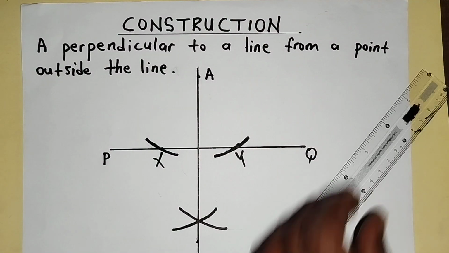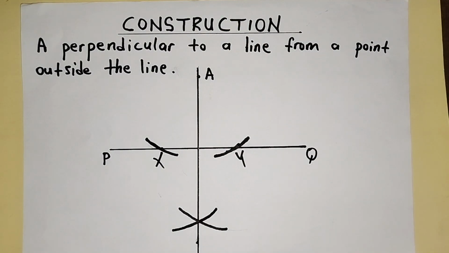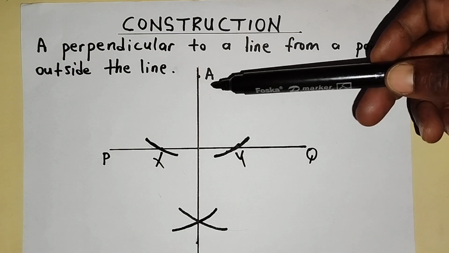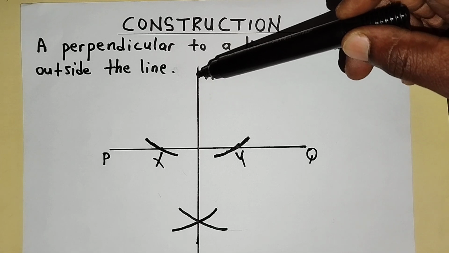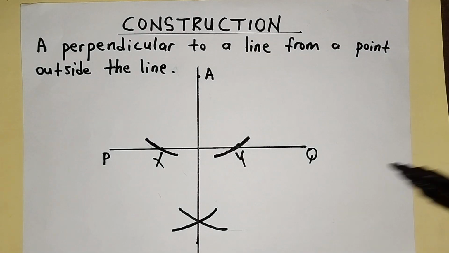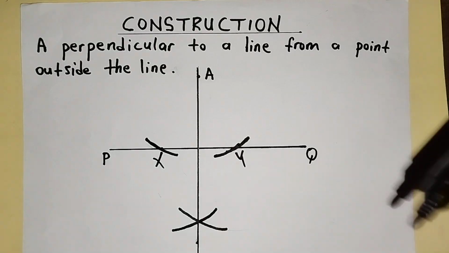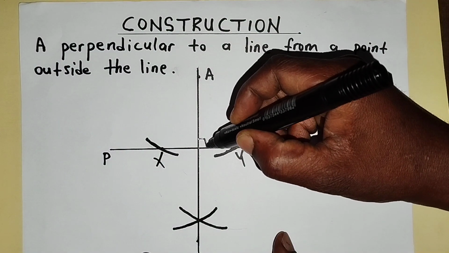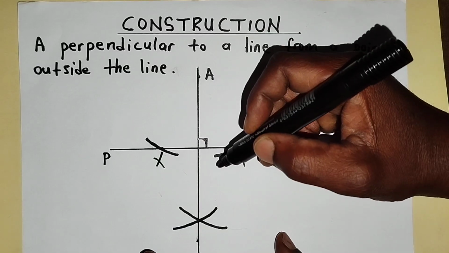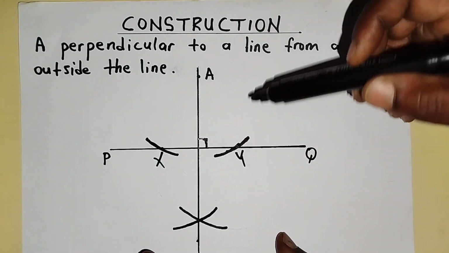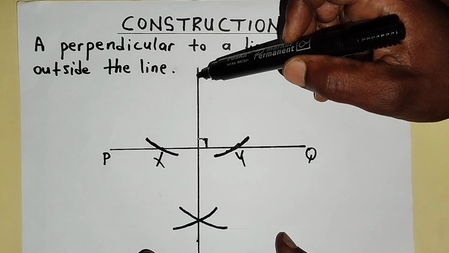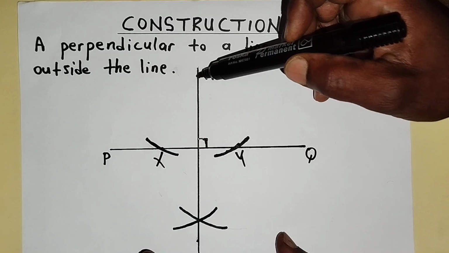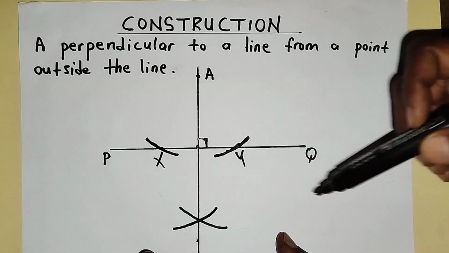So this one is now a perpendicular from this point which is outside this given line PQ. So it means this angle is a right angle, 90 degrees. After doing this, you can measure the length from A up to this point.